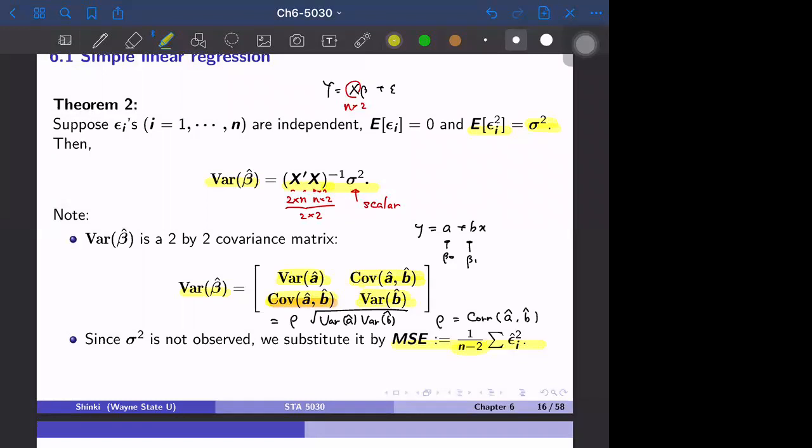Usually we only have one estimate: we estimate the population mean first, then for the variance we have 1 over n minus 1. But here we estimated 2 parameters to calculate epsilon hat square, so we have n minus 2 in the denominator. So we plug in these numbers to estimate the variance of beta hat.